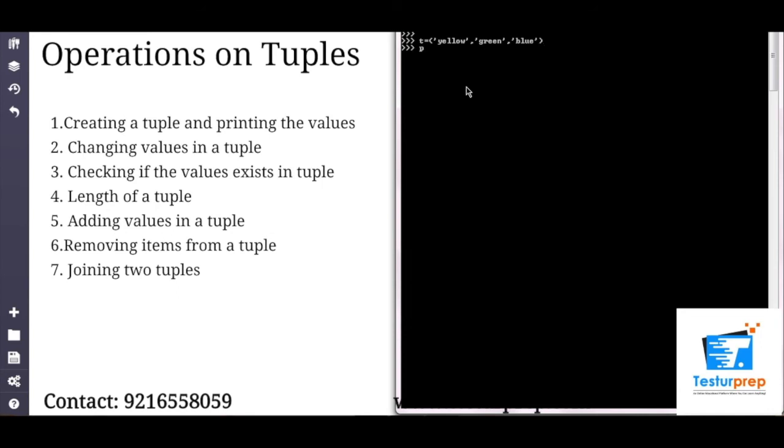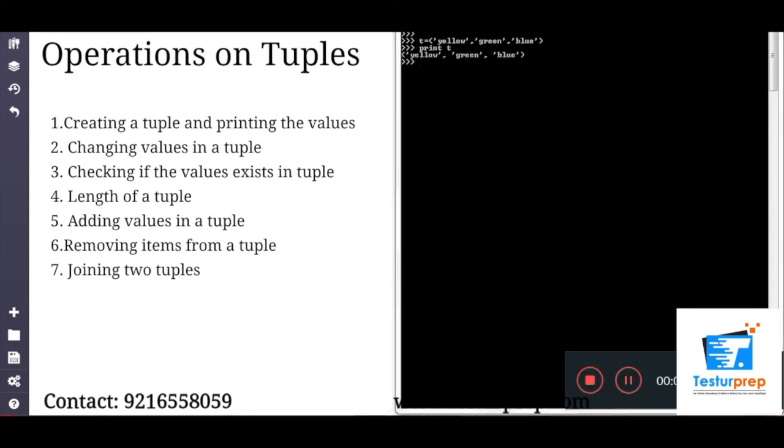Now let's print our tuple, and this is what we get. If I want to print a specific value, I will write print t, and I get the answer green because that is located at position 1.